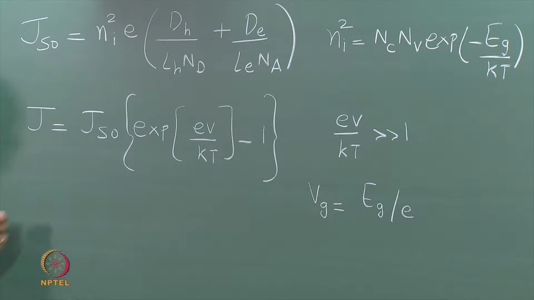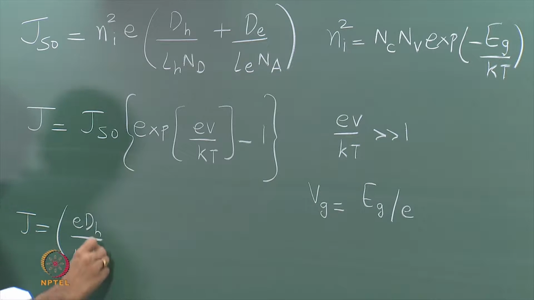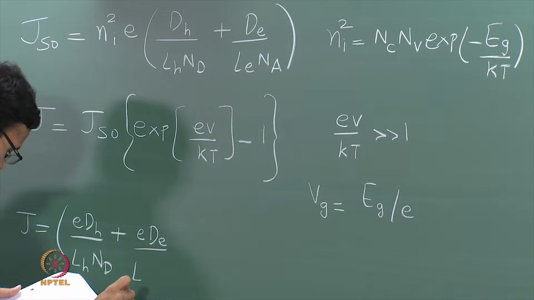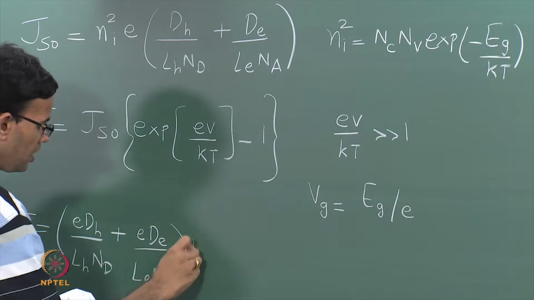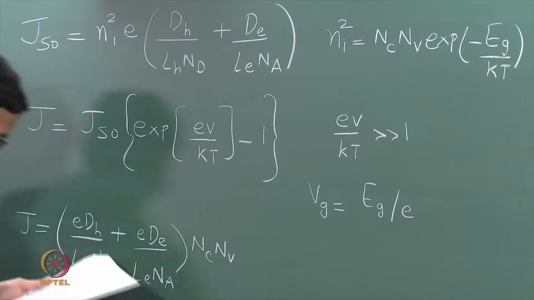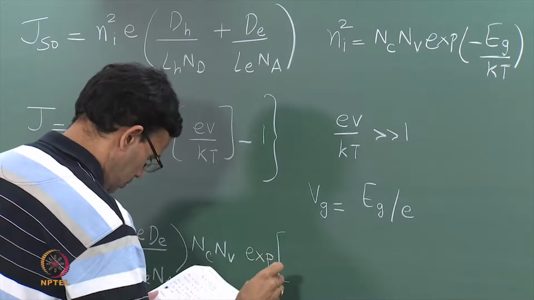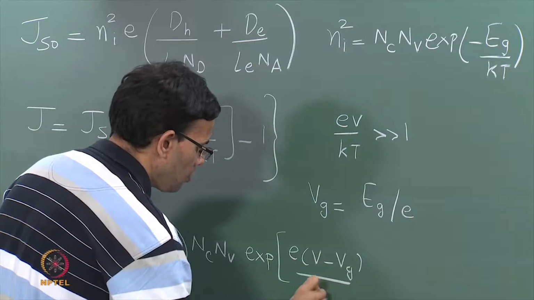So, if you do that, J becomes equal to e D_H over L_H N_D plus e D_E over L_E N_A, times Nc Nv exponential e times (V minus Vg) over kT.